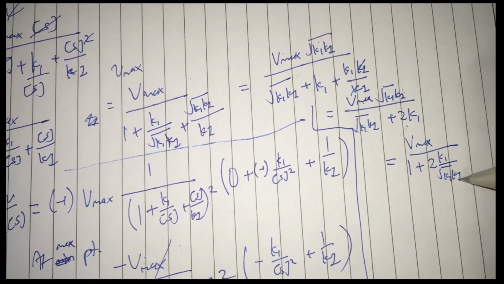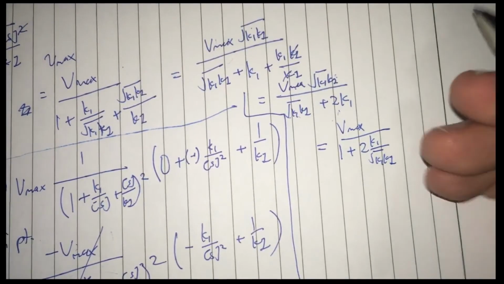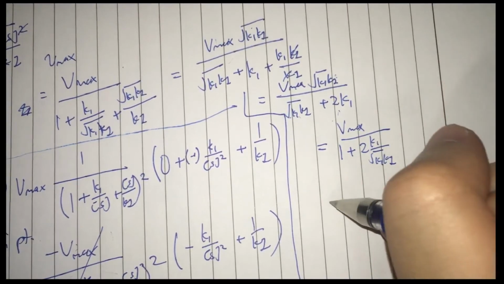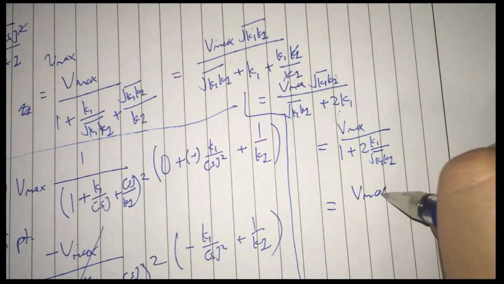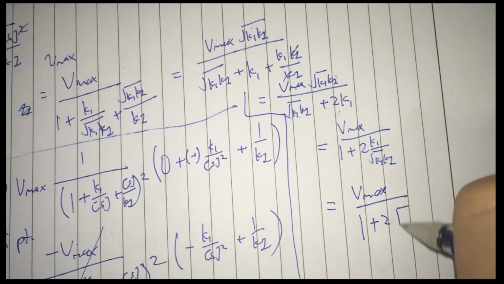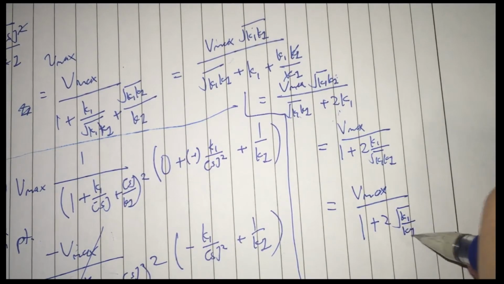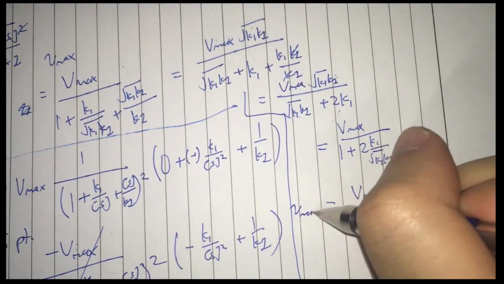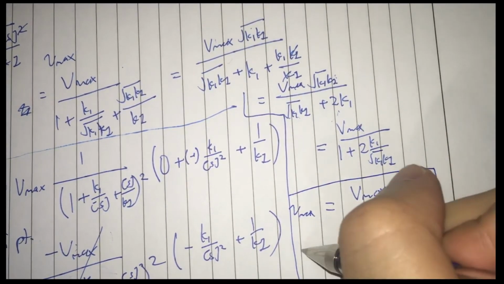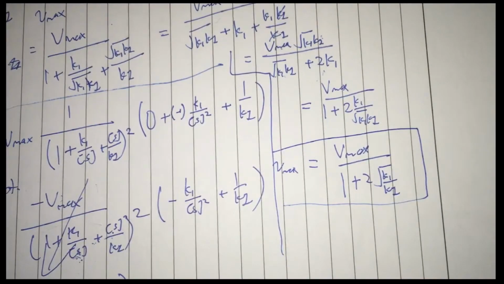K1 Ki. Otherwise, you can write it as this, root of K1 over Ki. So this will be the value of Vmax.